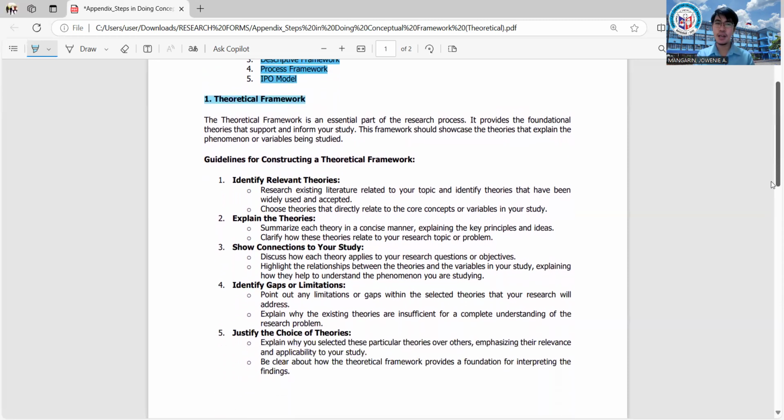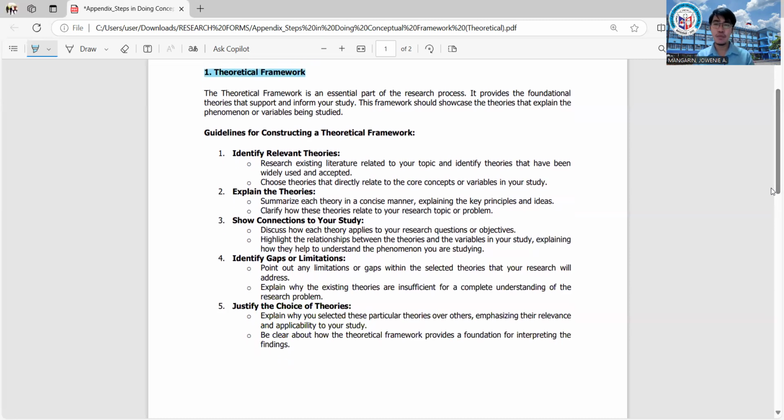So madali lang yan. Pag sinabi nating theoretical framework, ito yung process kung saan we identify theories that are relevant or connected on the problem na pinag-aaralan natin. Take note, lahat ng mga frameworks na gagamitin natin sa paper natin, yan man ay theoretical framework or IPO model, hindi sila pwedeng maging display lang sa paper natin.